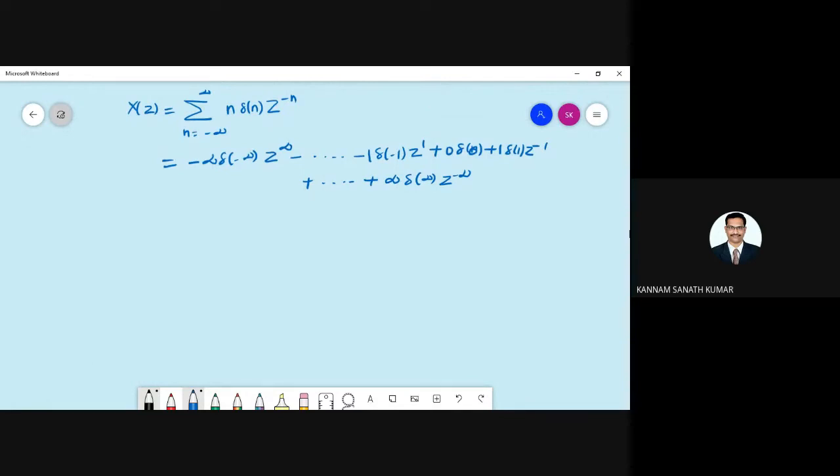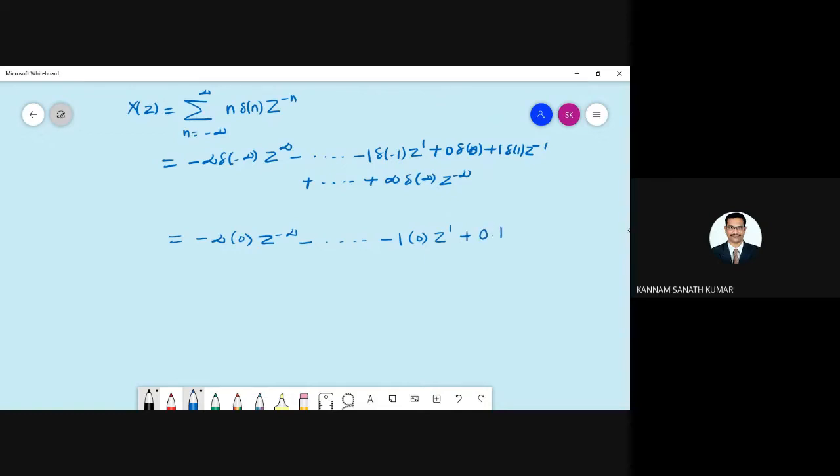So anyway, this del function is defined only at n equal to 0, no? So that means minus infinity into del of minus infinity is how much? 0. Okay, z power minus infinity, up to so on, minus 1 into 0 z power 1, plus 0 into del of 0, so it is 1.